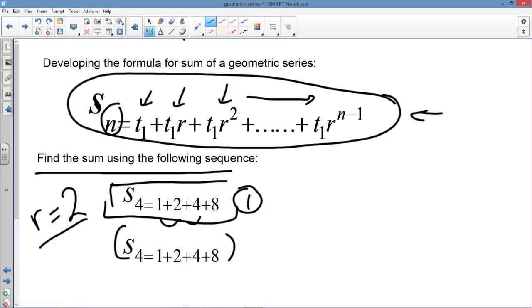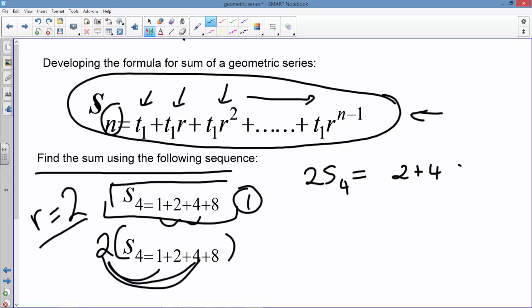So if I multiply this by 2, I end up with 2 times S4 equals, and then I've got 2 times 1 is 2, plus 2 times 2 is 4, plus 2 times 4 is 8, plus 16. That's this equation multiplied by 2.